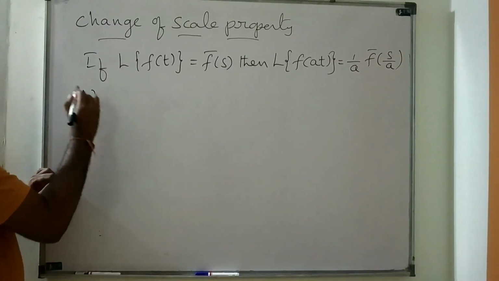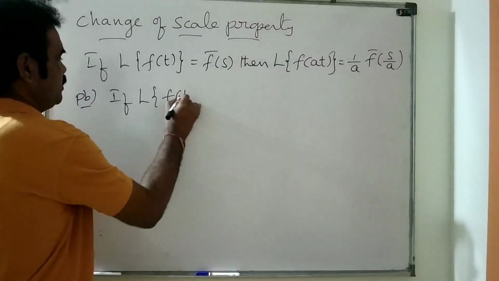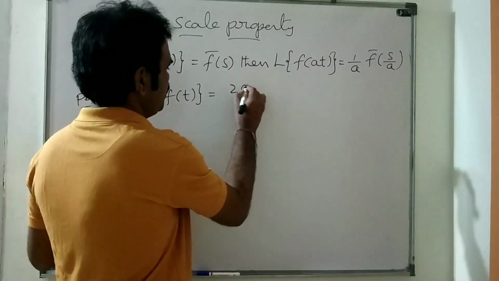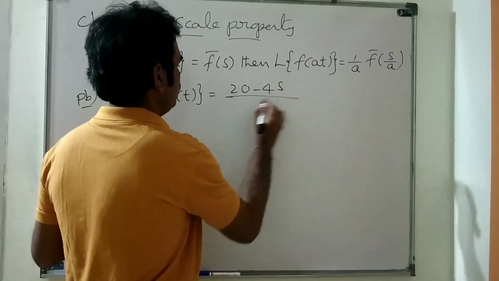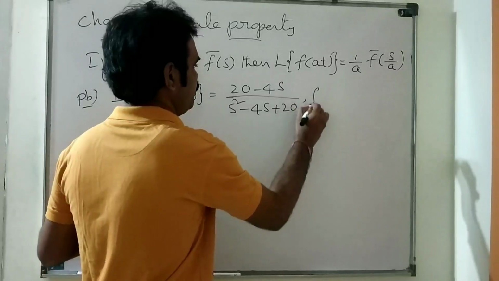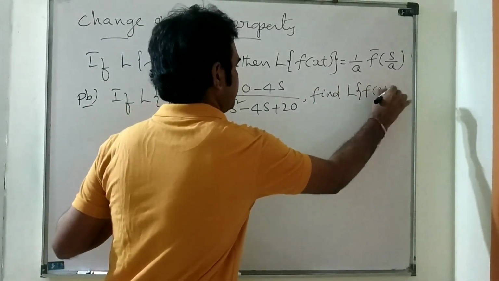Problem. If L of f of t is equal to 20 minus 4s by s square minus 4s plus 20, find L of f of 3t.